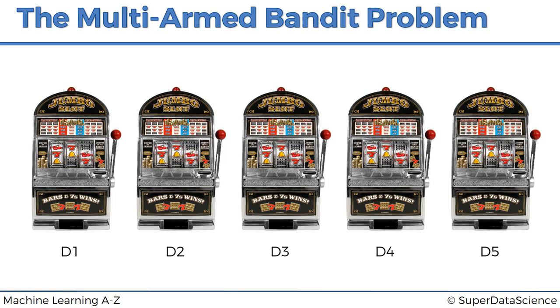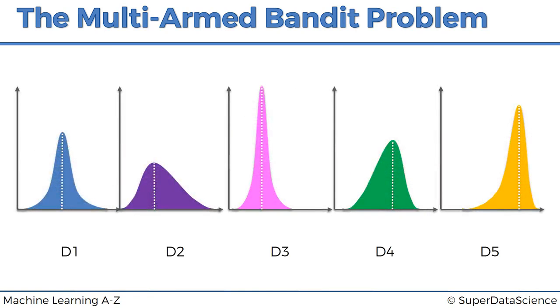So let's have a look. There are these distributions, right? For example, we've got these 5 machines, the 5 distributions, and as you can see right away, just by looking at this, which is the best machine? Obviously the one on the right, the orange one, is the best machine because it's the most left skewed, because the tail's on the left.